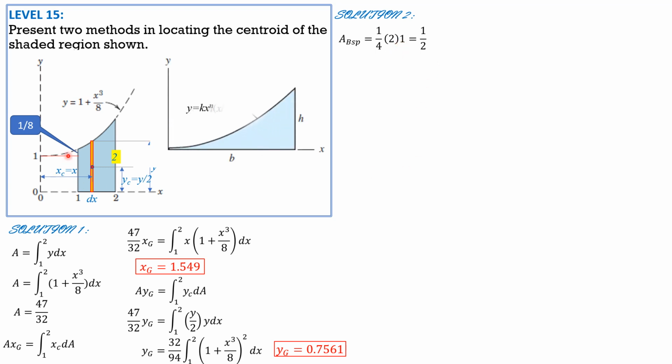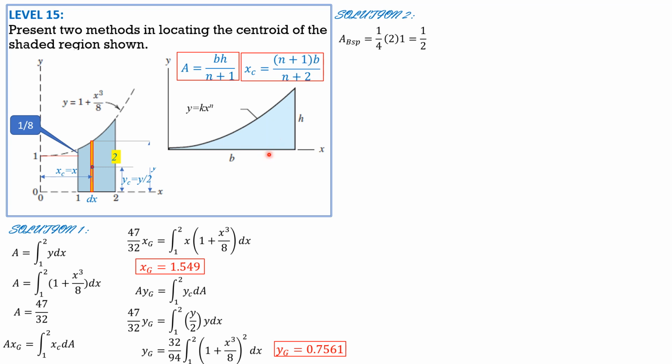The area of this small one, this is our guide, the location of the centroid, this x here, x sub c, is n plus 1 over n plus 2 times b. So the area is bh over n plus 1, then x sub c is n plus 1 over n plus 2 times b.